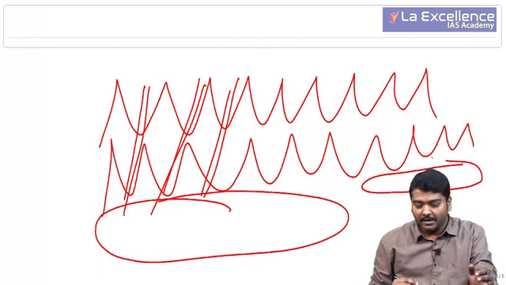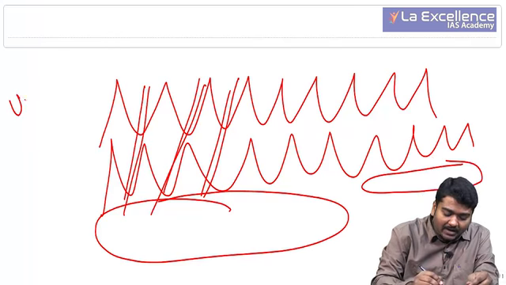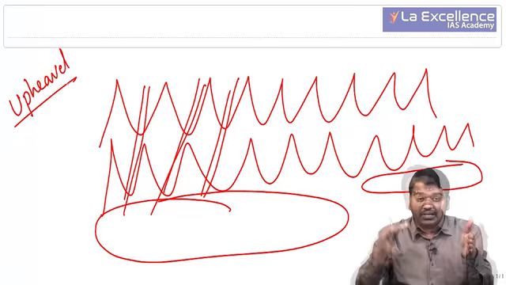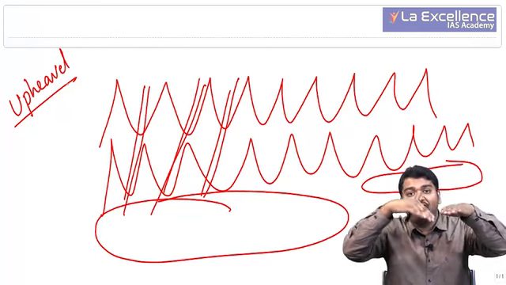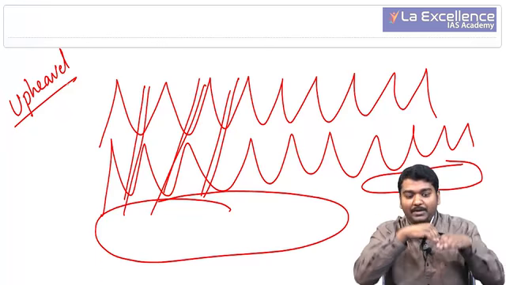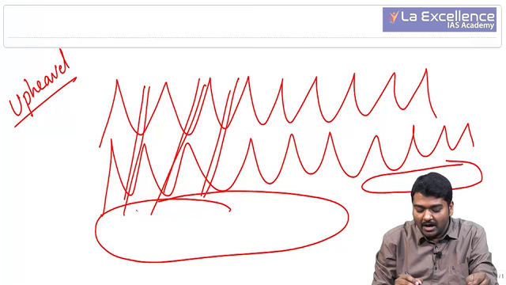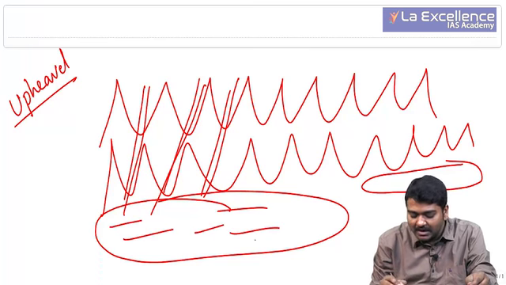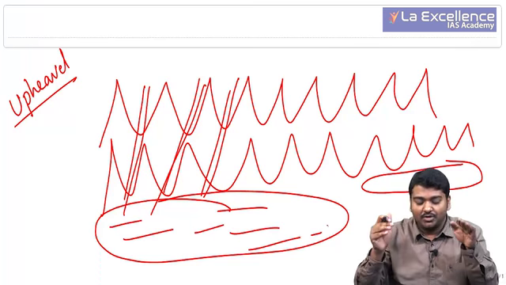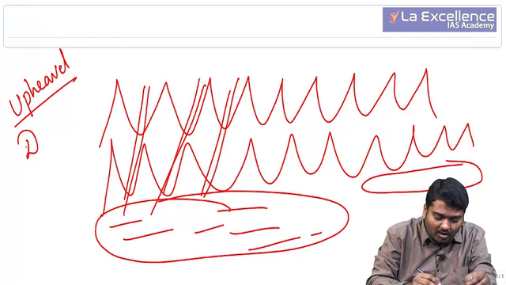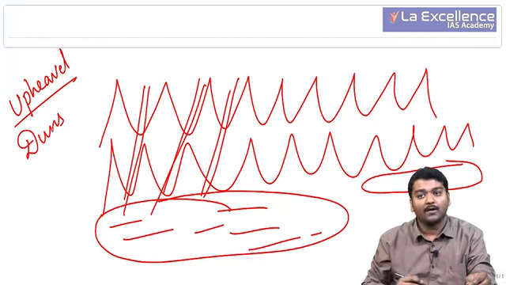Now what happened? Again there was third upheaval. That is, the Indo-Australian plate went below the Eurasian plate. At that point of time, all these sediments were compressed to form what we call dunes, right?